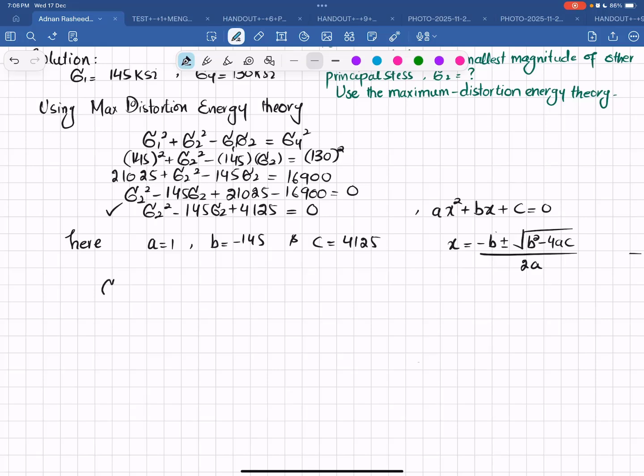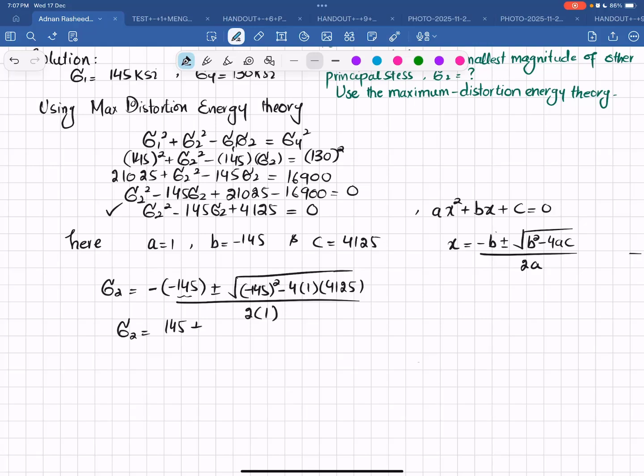So the solution of sigma 2 will be minus b, which is 145, plus minus the square root of b square, which is minus 145 whole square, minus 4 times a, which is 1, times c, which is 4125, divided by 2 times a, which is 1.